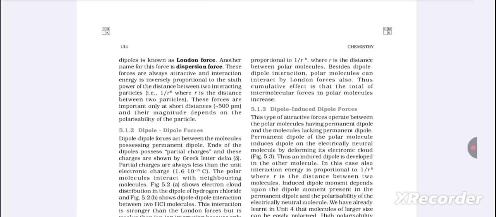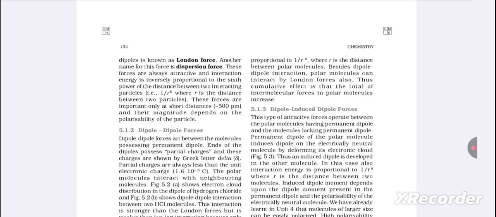Dipole-induced dipole force. This type of attractive force operates between polar molecules having permanent dipoles and molecules lacking permanent dipoles. The permanent dipole of the polar molecule induces a dipole on the electrically neutral molecule by deforming its electronic cloud. Thus, an induced dipole is developed in the other molecule. In this case also, interaction energy is proportional to 1/r^6, where r is the distance between two molecules.